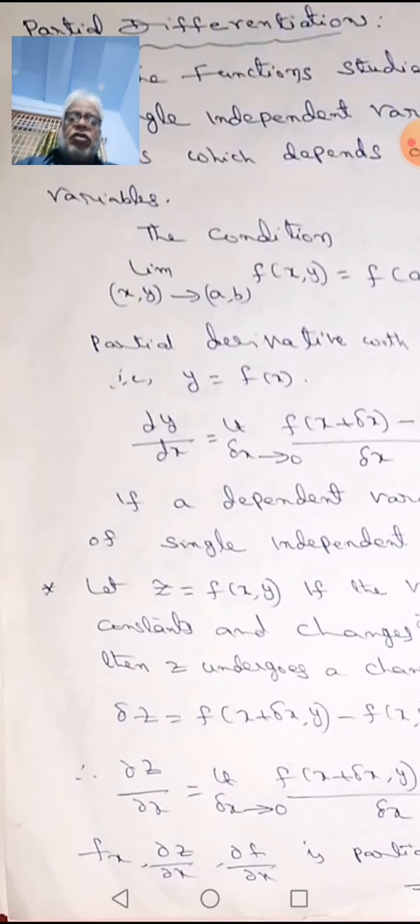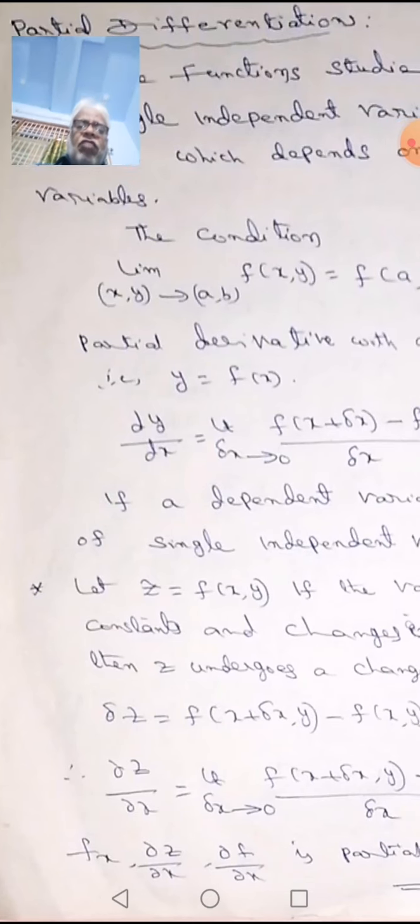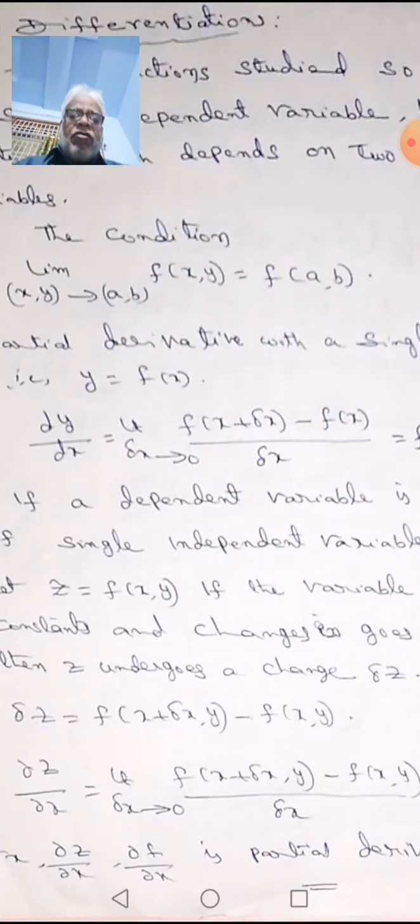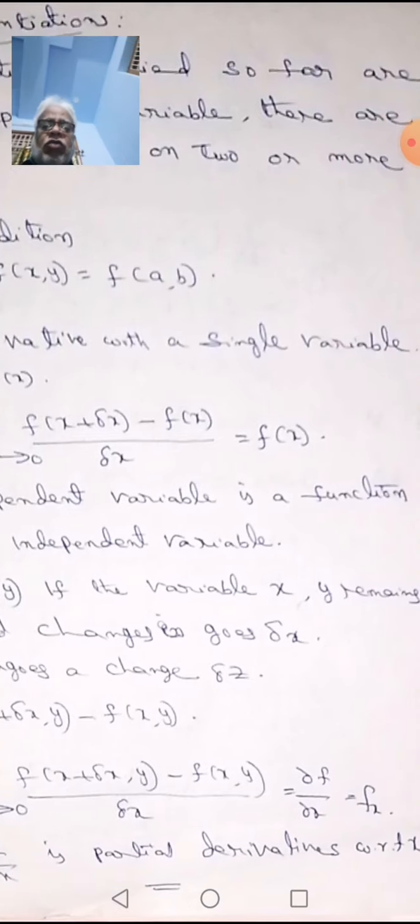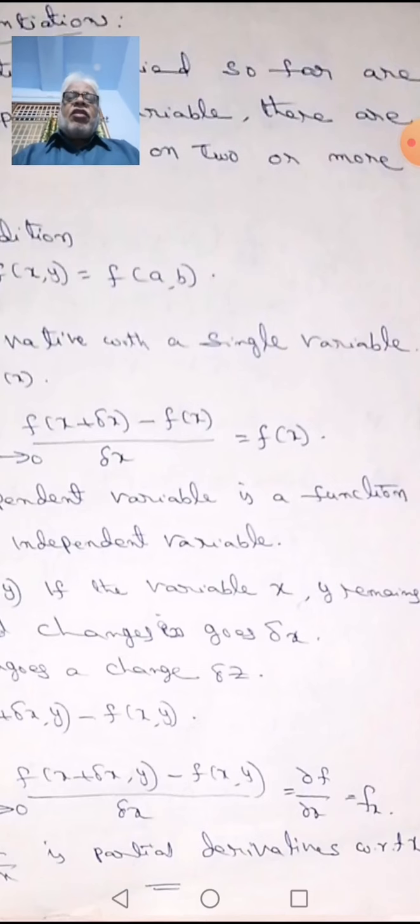Therefore dou z by dou x is the limit as del x tends to 0 of [f(x plus del x, y) minus f(x, y)] by del x, which is equal to dou f by dou x, that is called f of x. You see here, the differentiation is denoted by dy by dx.